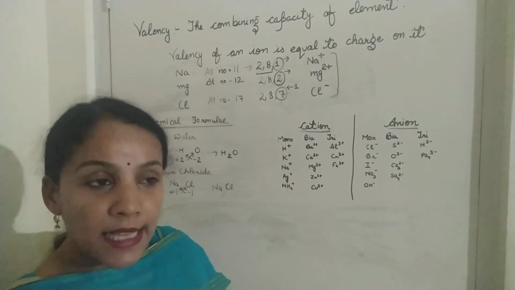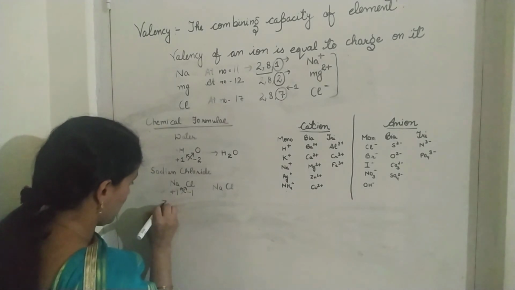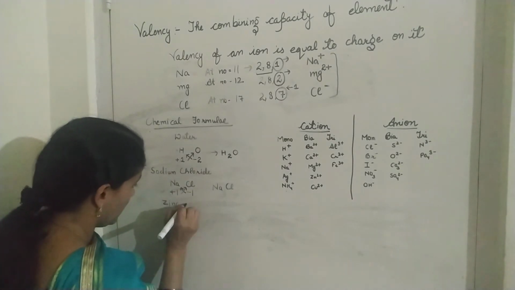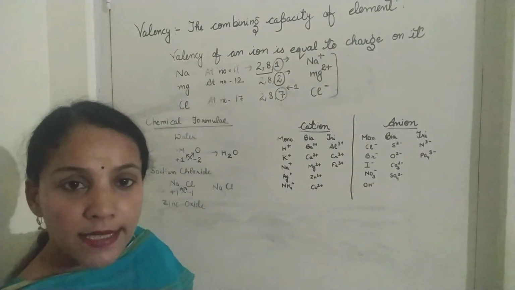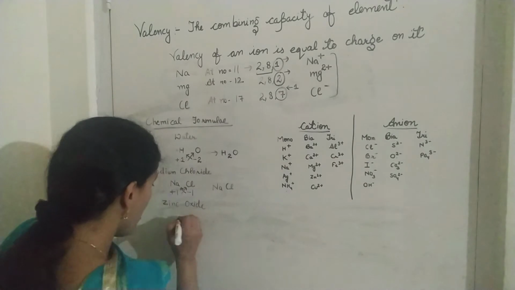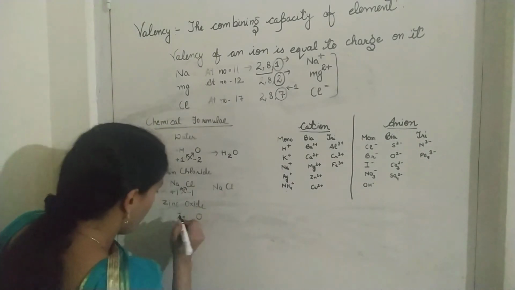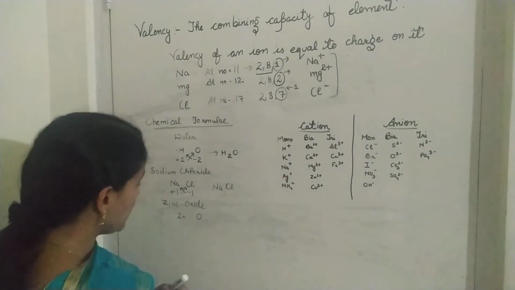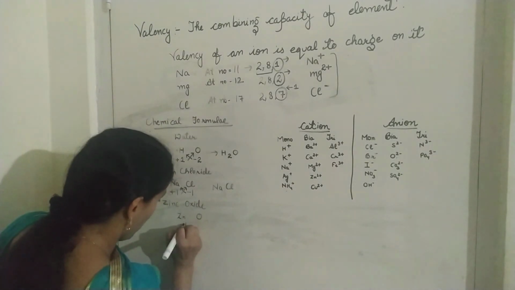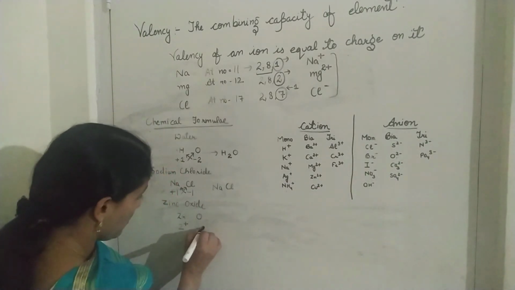Next we are taking the example of zinc oxide. Which two elements are present here? One is zinc and second is oxygen. What is the valency of zinc? 2 plus, and for oxide the valency is -2.